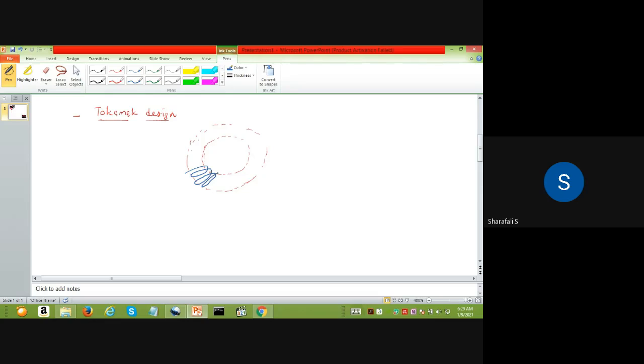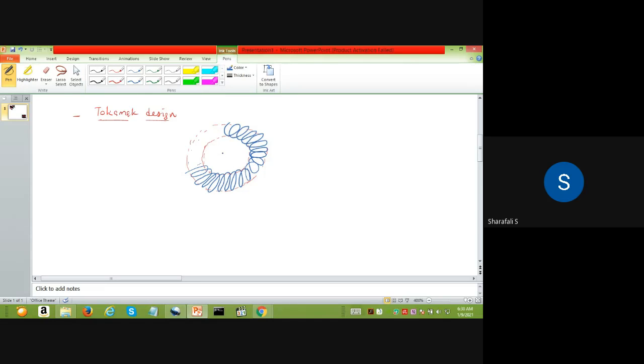These coils are uniformly wound. This should be uniformly wound all around, completely. You draw that. So it will be like this.